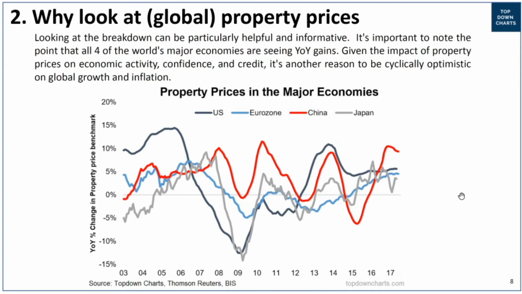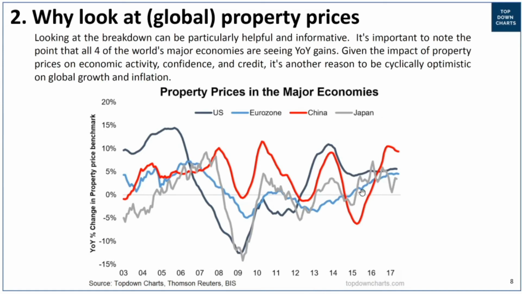And that's another reason why property prices are key, because they give a guide to what to expect from monetary policy, but they also reflect what's going on in monetary policy, and that's an example there.